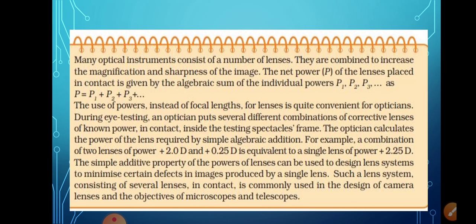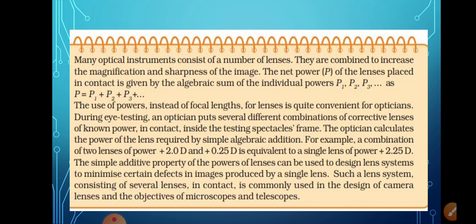An optician uses these different types of lenses. The optician puts different types of lenses in front of our eyes to see the object. During eye testing, an optician puts several different combinations of corrective lenses of known power in contact inside the testing spectacle frame.